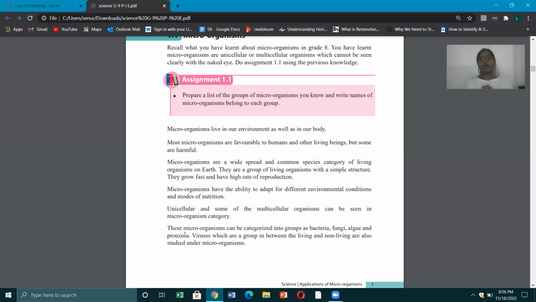Now children, bacteria, fungi, algae, and protozoa are microorganisms. No issues, we have enough proof to say that they are microorganisms. But the issue is when it comes to viruses, we can't be so sure which category we should put them into, whether we should say that viruses belong to the category of living organisms or the non-living.